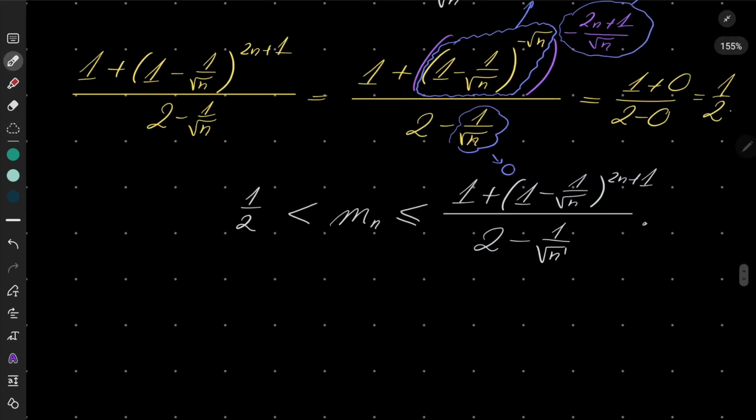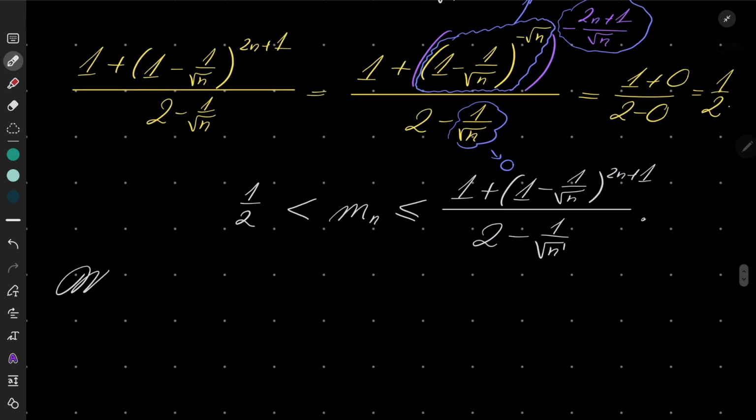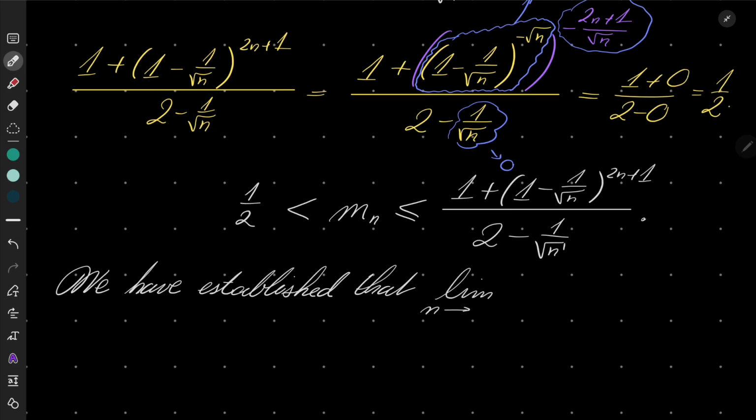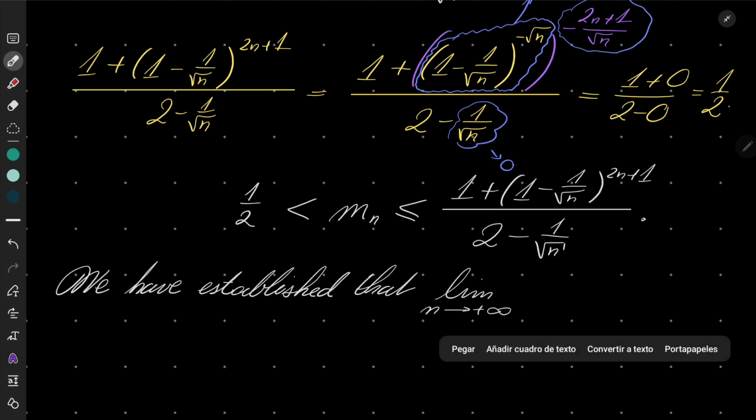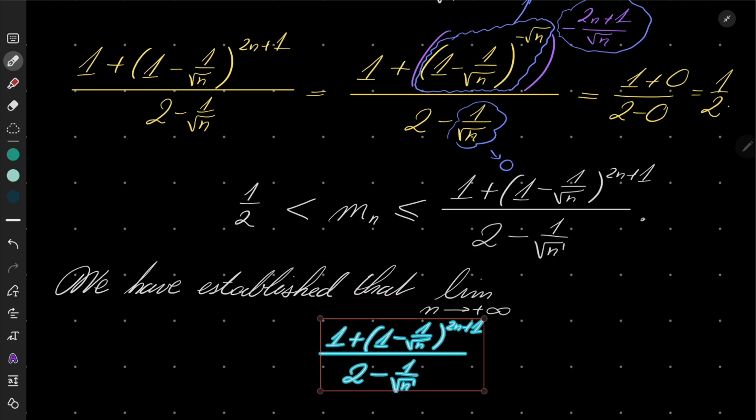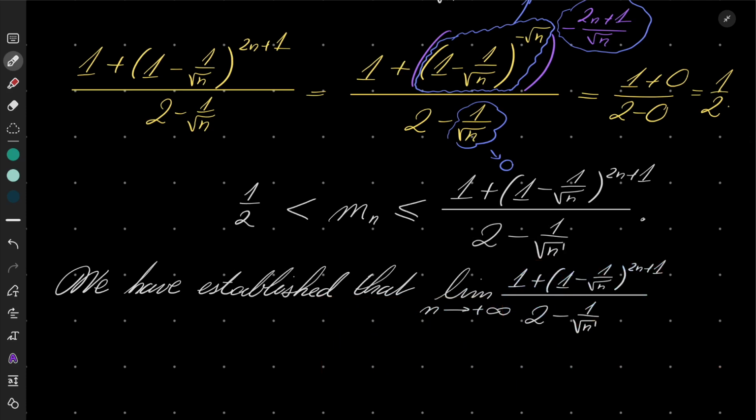Moreover, we have established that the limit as n goes to infinity of this thing is 1/2.